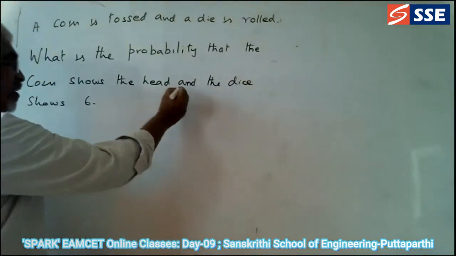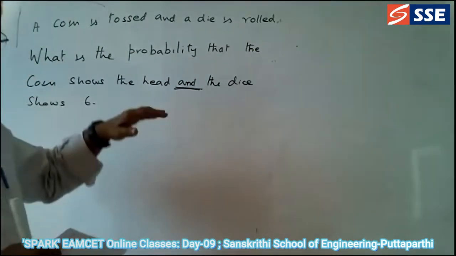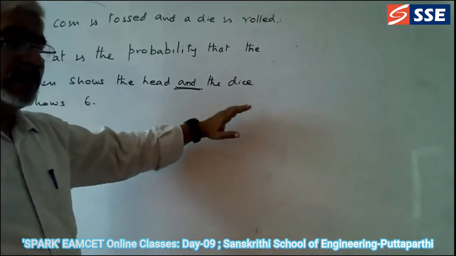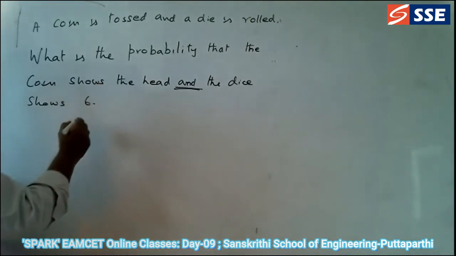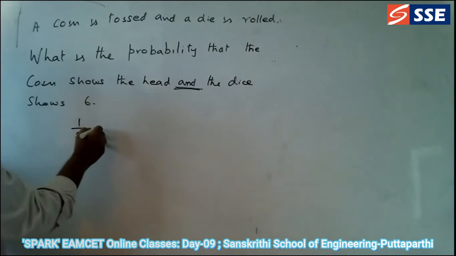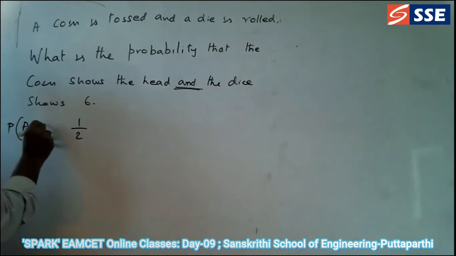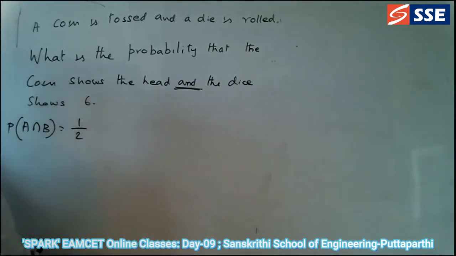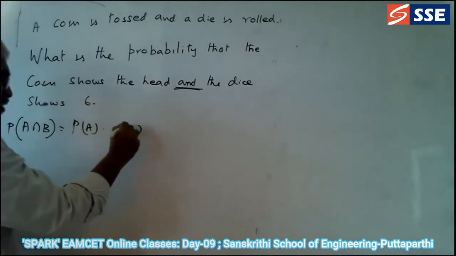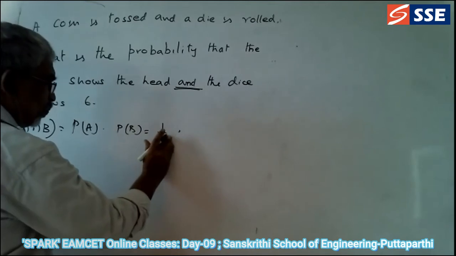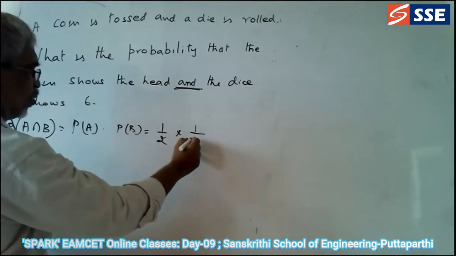I told you yesterday, suppose A is the event of tossing a coin and B is the event of tossing a die. The probability of tossing a head is 1 by 2, and 'and' means probability of A intersection B. Since they are independent, we can put P of A into P of B, which is 1 by 2 into 1 by 6.